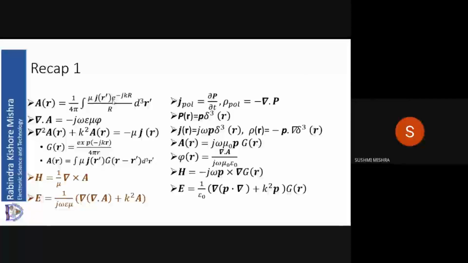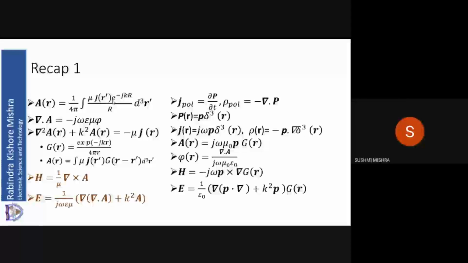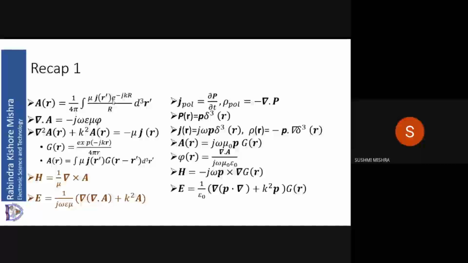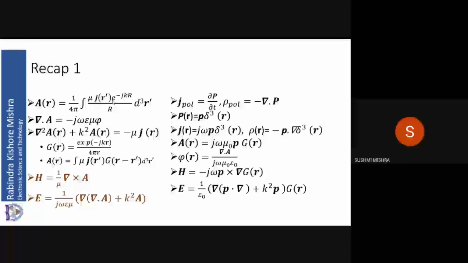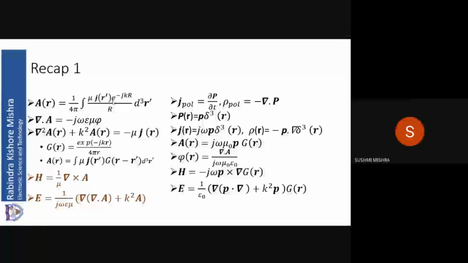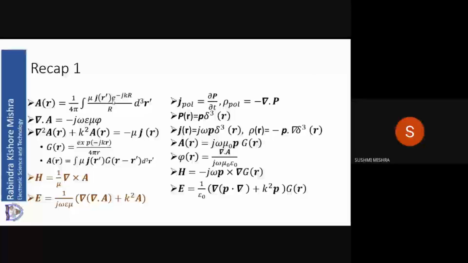That can be solved by starting with a delta function or impulse function on the right hand side, from which we find the Green's function as g is equal to exponential minus jkr over 4 pi r, and using this g we can find out the vector potential as integration over the volume and convolution of J and g.